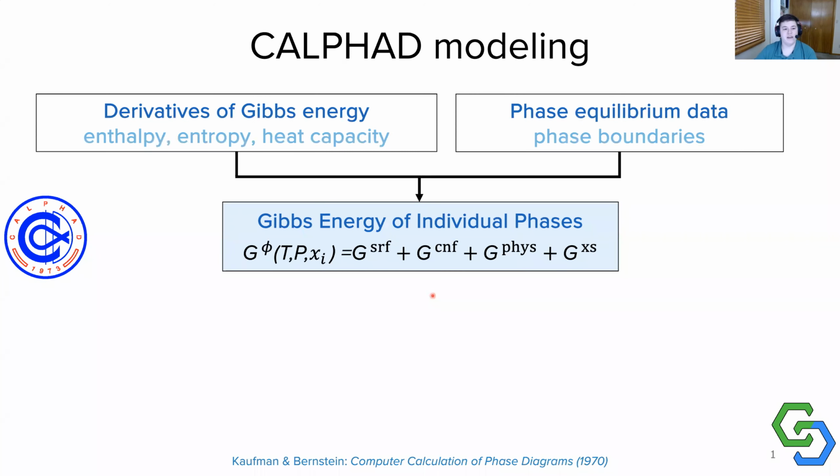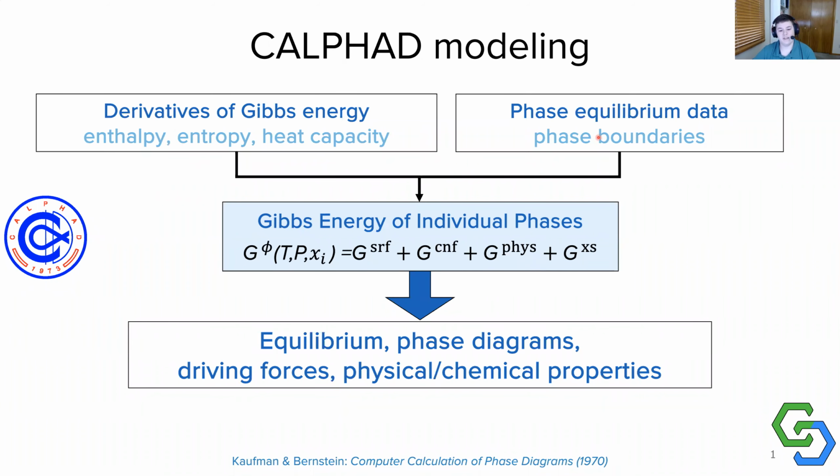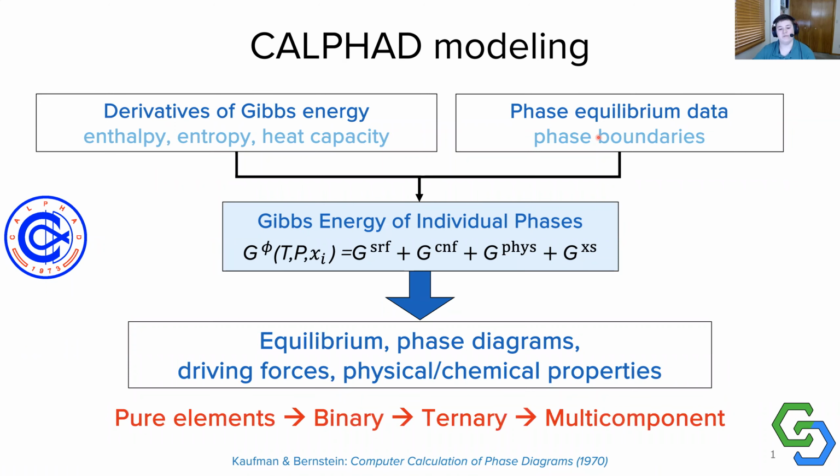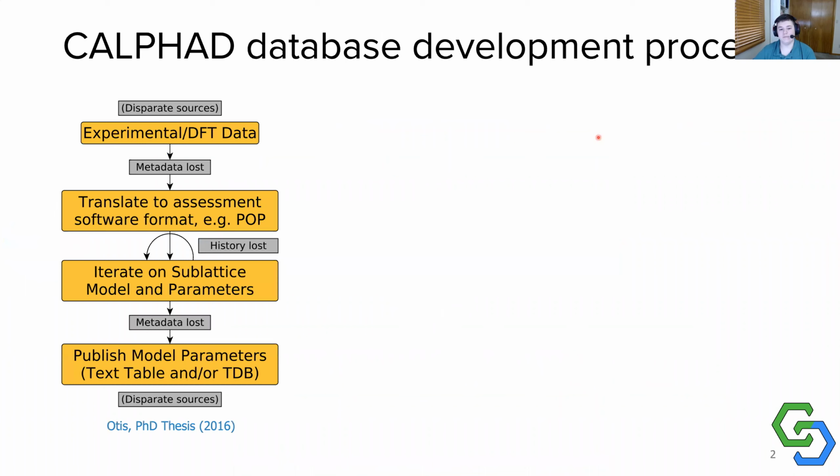We're doing that through fitting to the Gibbs energy derivatives and the phase boundary data. Once we have those fits, we can then do all the interesting things that you saw yesterday. We just repeat this process through the binaries, ternaries, and building up through multi-component systems.